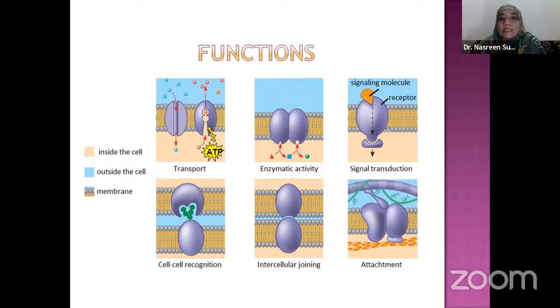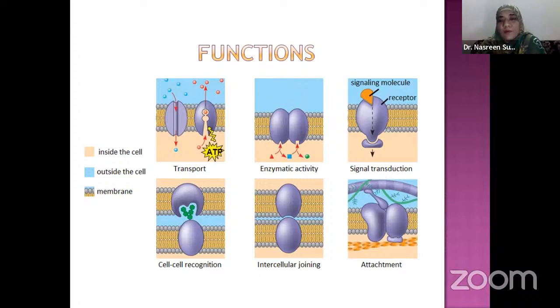Okay. Intercellular joining. Some transmembrane proteins are involved in forming junctions. So the two cells will be joined with each other to transport substances between them. That is called a cellular junction.